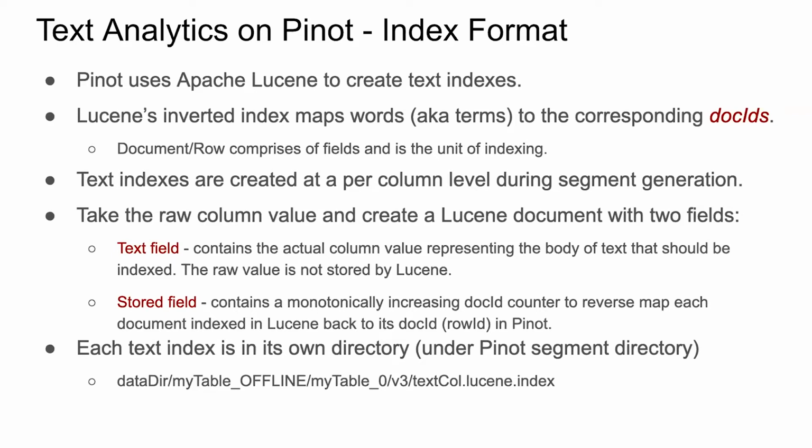And then there is a stored field, which is just stored inside Lucene. We don't index it. It is a monotonically increasing ID to map each document that we add to the Lucene index back to its Pinot doc ID. Also, the raw value that we index inside Lucene is not physically stored, because we already have it in our forward index inside Pinot.